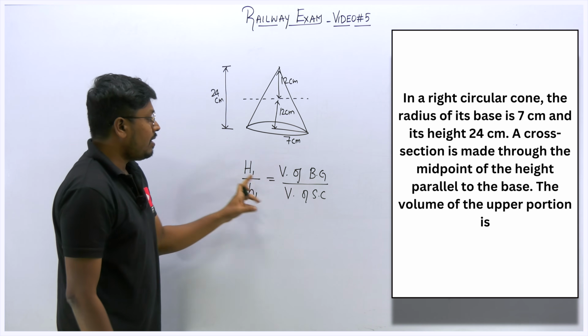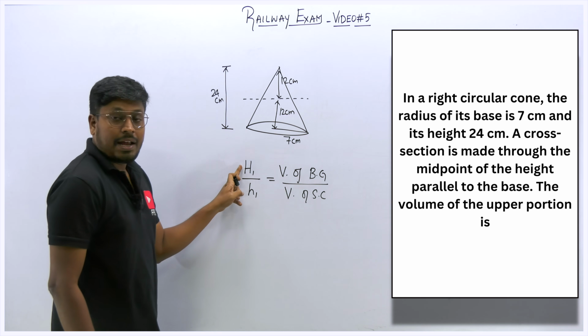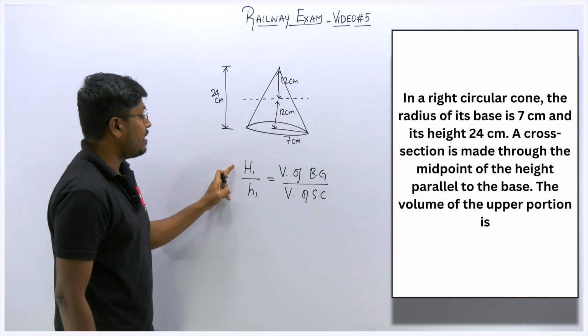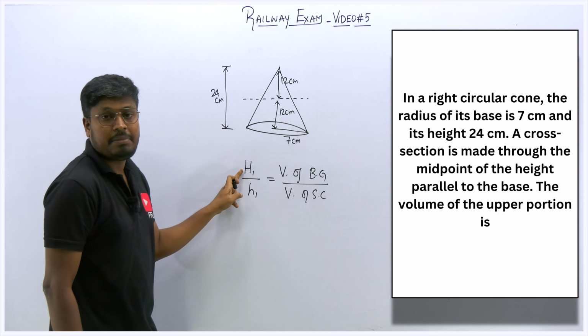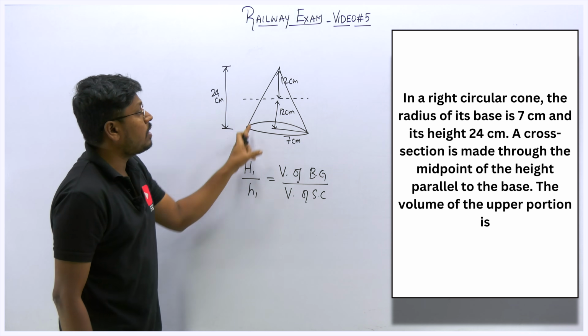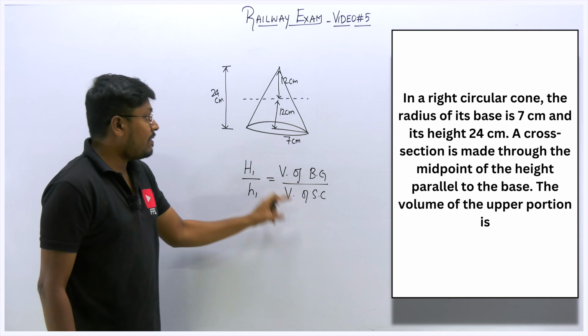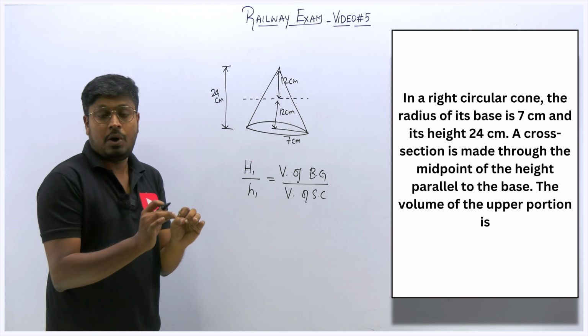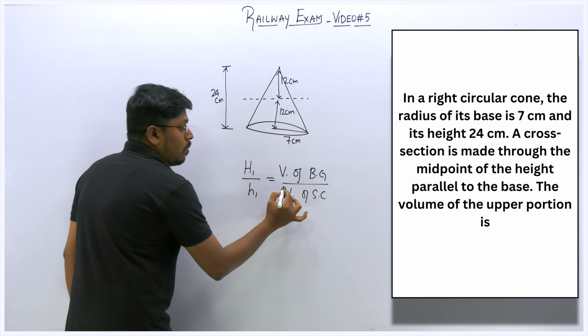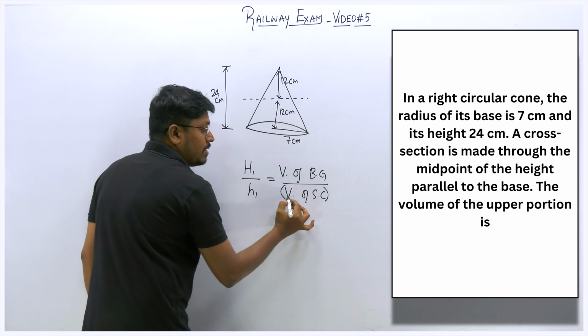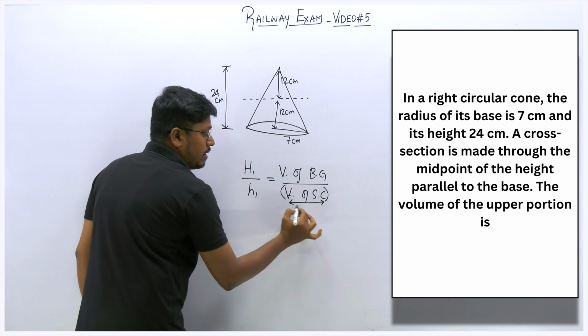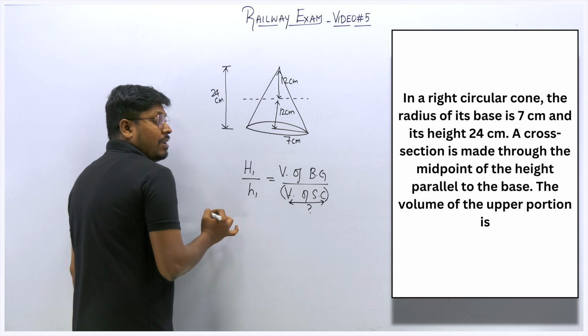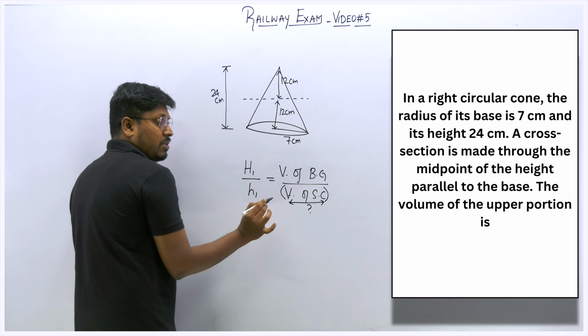The total height of the cone, capital H, will be 24 centimeter. That will be equal to the volume of the bigger cone divided by the volume of the smaller cone. Here our target is to find the volume of the smaller cone, the bottom denominator value. So let me take it as a question mark.